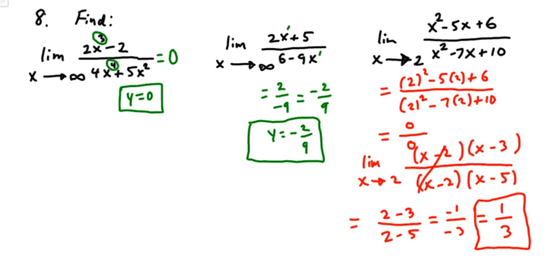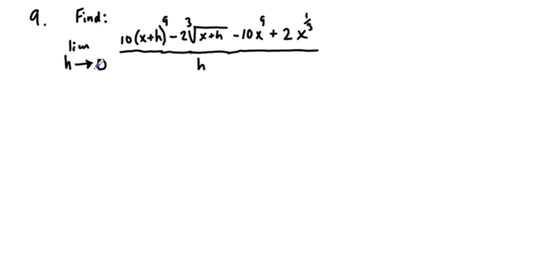Next, go on to 9. Find the limit as h approaches 0 of all this here. Definition of a derivative. Our function, we'll just call it f of x, is going to be 10x to the 9th power.